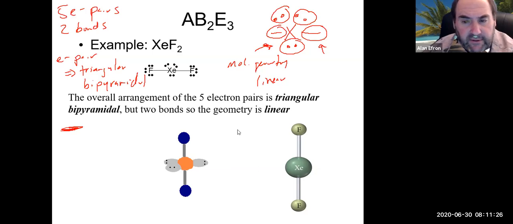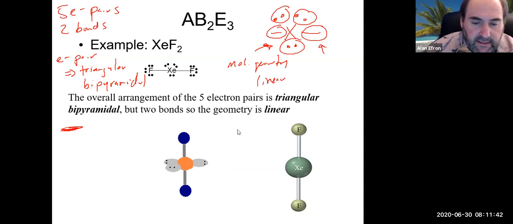In terms of the electron pair geometry, it's pretty straightforward. You just count the number of electron pairs and match it up to the correct name. It's the molecular geometry name, when we get those non-bonding electrons, that has a tendency to change.